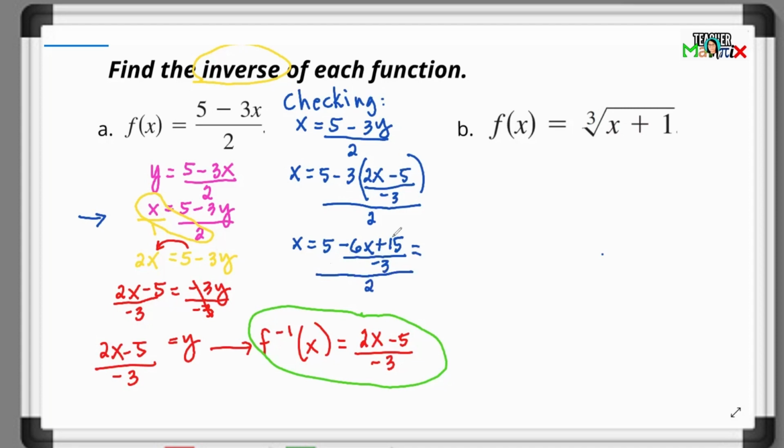Okay, 5, copy 5. Then, negative 6x divided by negative 3. That is positive 2x. Then, positive 15 divided by 3. That's negative 5. Okay? Over 2.